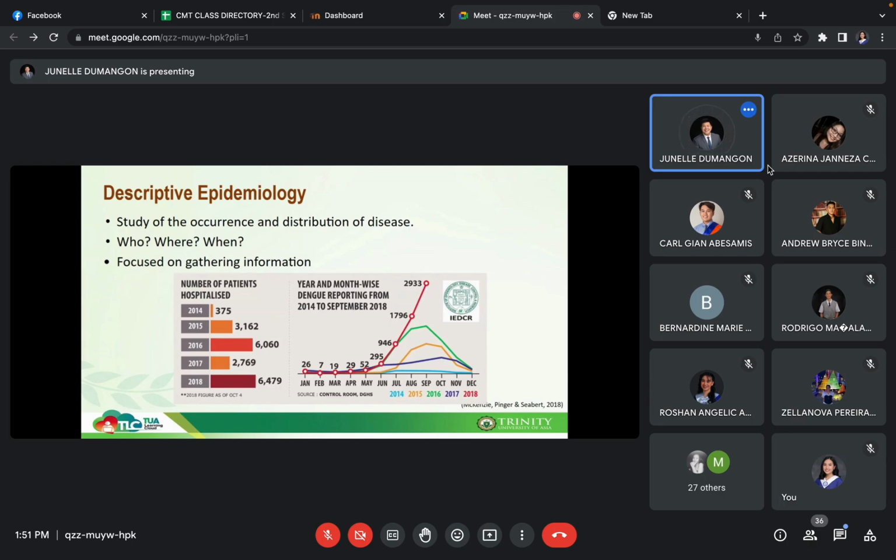So this is a study telling us, what is this again about? Dengue outbreak. When? 2014 to 2018. Where? So let's say a data would put here from Barangay Tatalon. Okay? So when it just tells us how many cases there are and what the distribution of the disease is, it is a descriptive epidemiology.